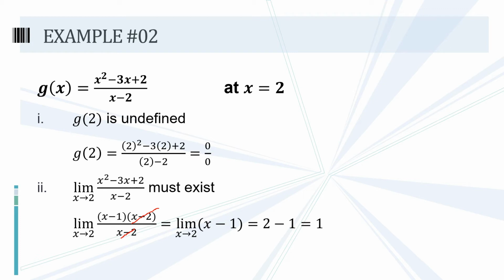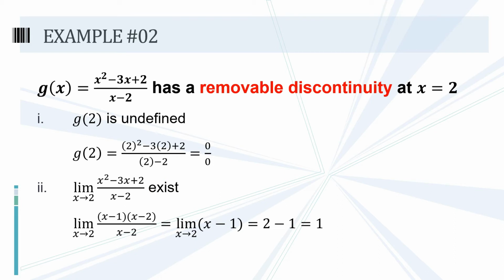And by direct substitution, that is just equal to 2 minus 1 or equal to 1. Therefore, yung limit natin is 1. Okay? Pero yung g of 2 natin is undefined. Therefore, anong conclusion natin? g of x has a removable discontinuity at x equals 2.